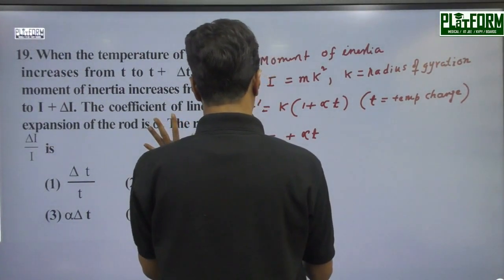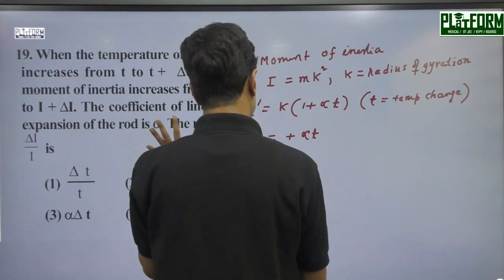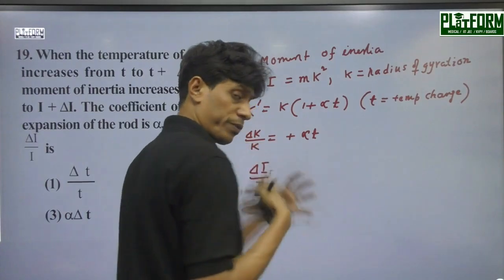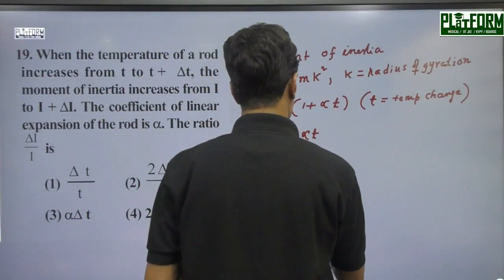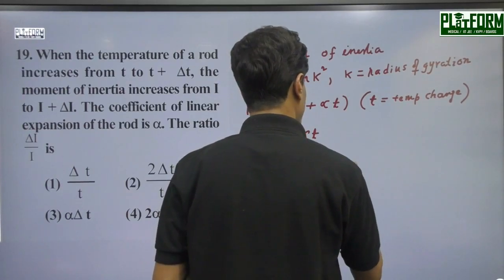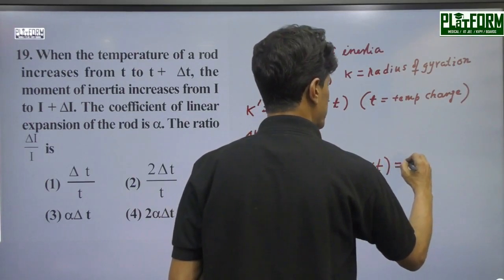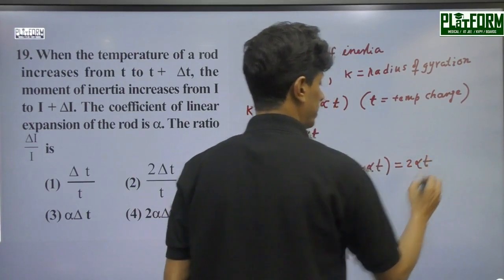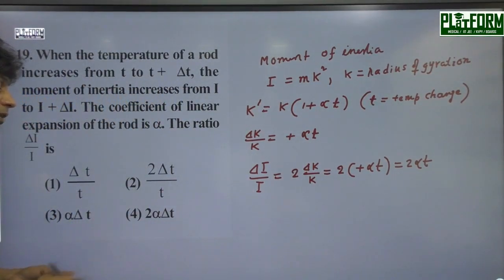And we know del I by I, relative change in moment of inertia, we can write it is 2 del k by k, and very simple, it is 2 alpha t, and the answer is 2 alpha t. T here is the change in temperature. Correct option matches with 4.